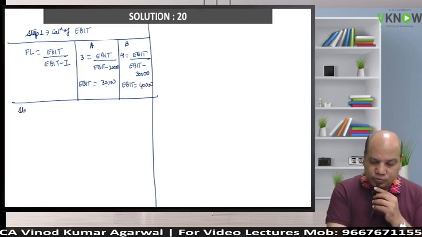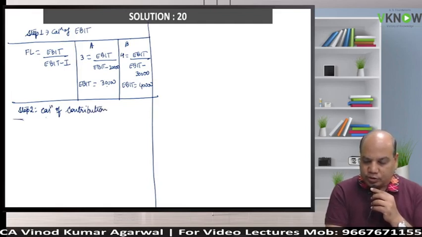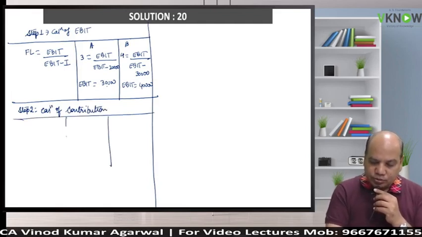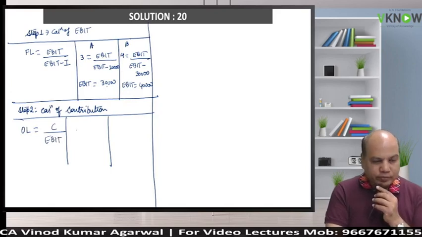Step 2, calculation of contribution. Now we have EBIT, we have operating leverage. Can we compute contribution? Yes, sir. Operating leverage is contribution divided by EBIT. Operating leverage is 4, equal to contribution upon 30,000.